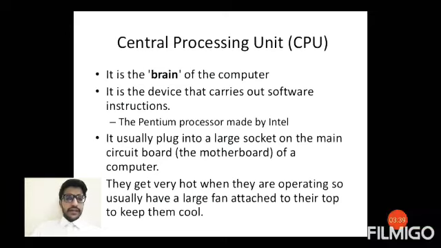They get very hot when they are operating, so they usually have a large fan attached to their top to keep them cool. The device that carries out software instructions is the CPU, known as the brain of the computer.